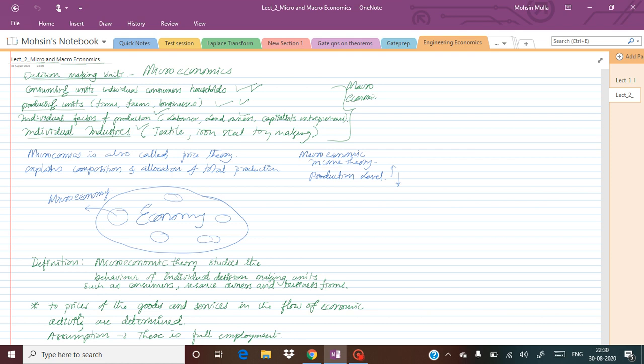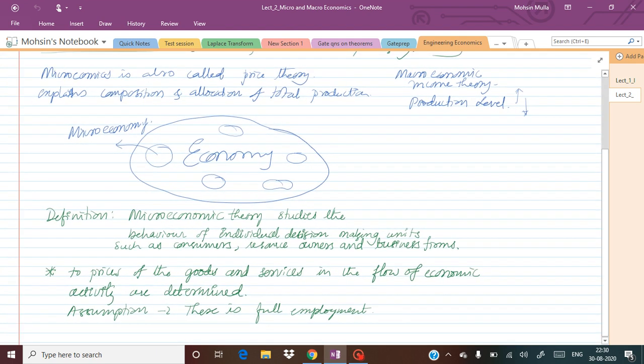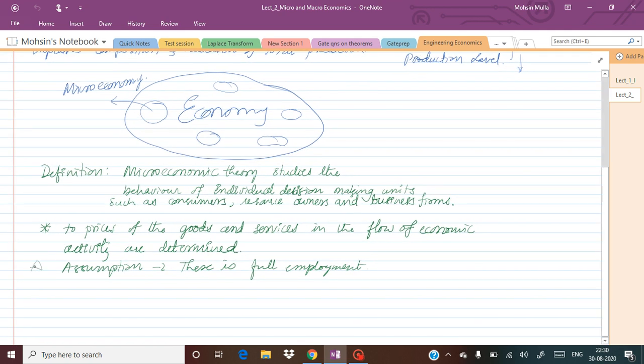Finally, the prices of the goods and services in the flow of economic activity are determined through microeconomics. But what is the problem with microeconomics? It assumes that there is full employment, which is not always true.